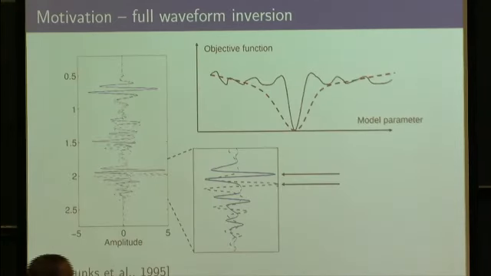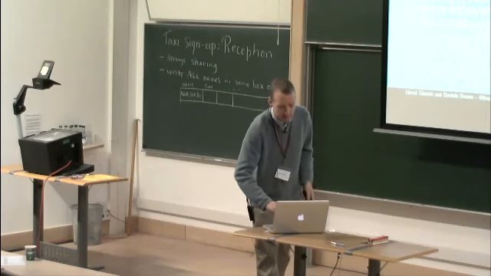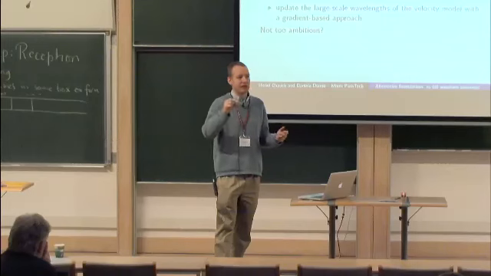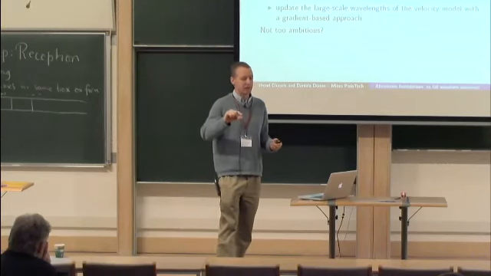So the objective is really to get this kind of shape. And the objective, once more, is to retrieve the background velocity model, so the large wavelength of the model. Then once you have this large wavelength, you will jump to classical methods to have this nice high resolution reflectivity.